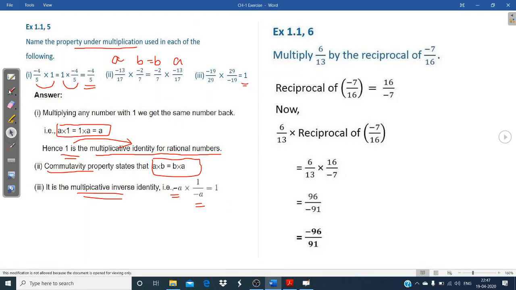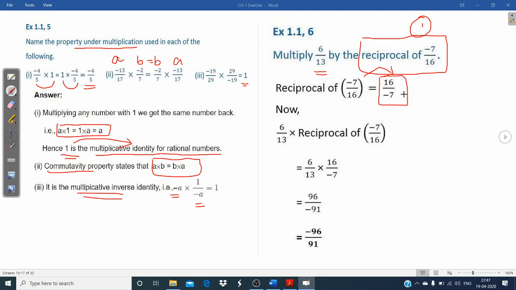Now, the sixth question. You have to multiply 6 by 13 by the reciprocal of minus 7 by 16. First of all, we find the reciprocal of minus 7 by 16. Its reciprocal will be 16 upon minus 7. Now you have to multiply this reciprocal by 6 by 13.